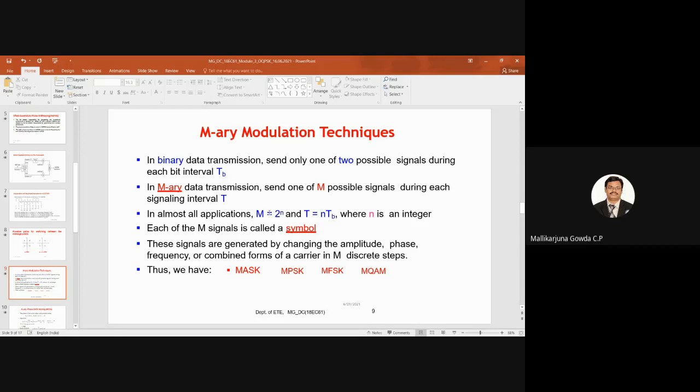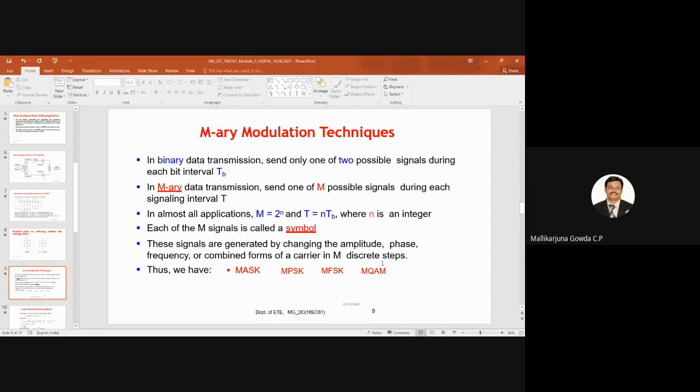These M-ary signals can be generated by changing either amplitude, phase or frequency, or even a combination of any of those three parameters. Accordingly, we have M-ary amplitude shift keying, M-ary phase shift keying, M-ary frequency shift keying, as well as M-ary quadrature amplitude modulation techniques.